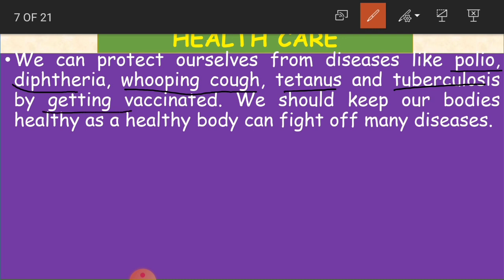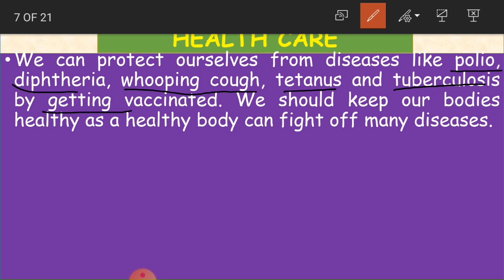Yes, communicable diseases. And we can be protected from these diseases by getting vaccinated. You have to get yourself vaccinated, you have to take a vaccine, so that you will not get these types of diseases ever in your life.